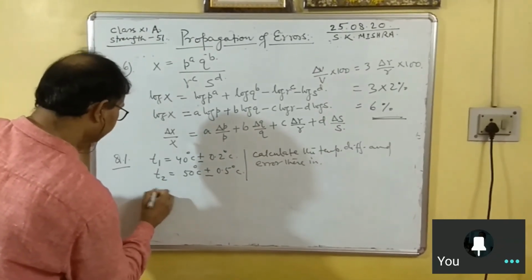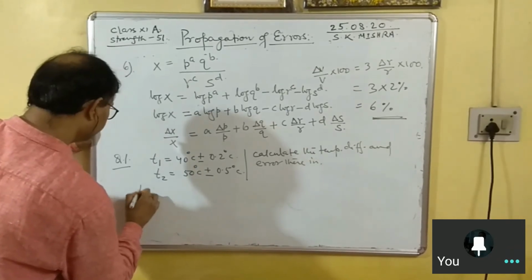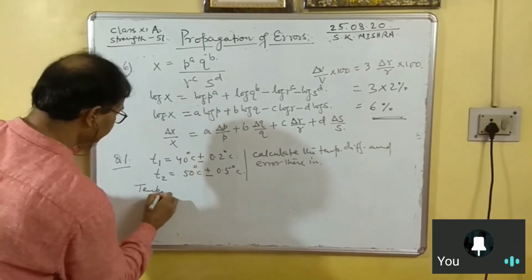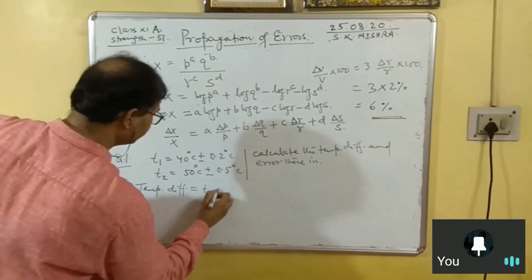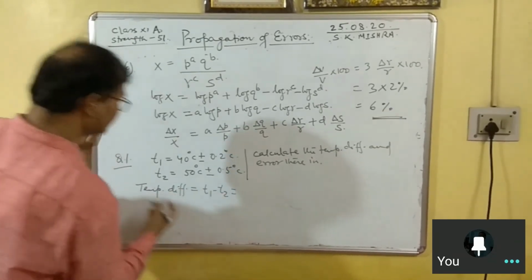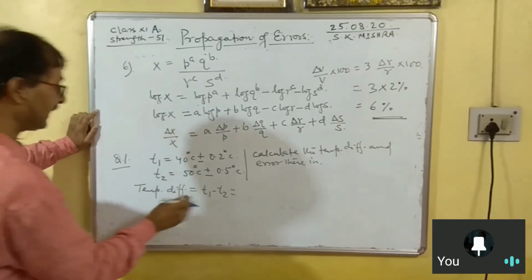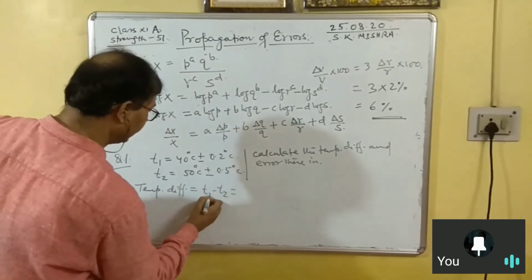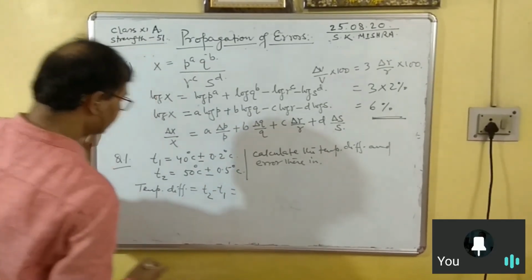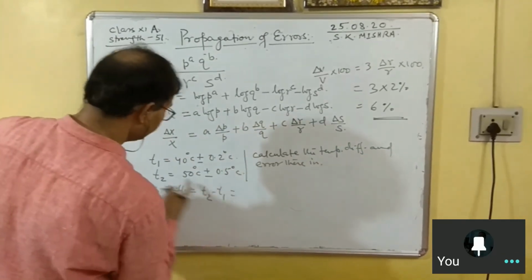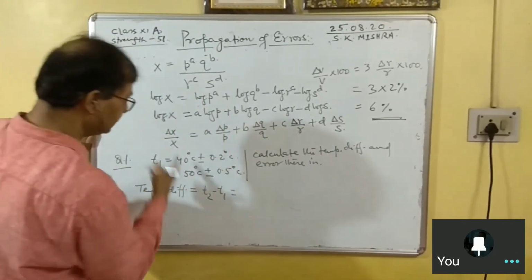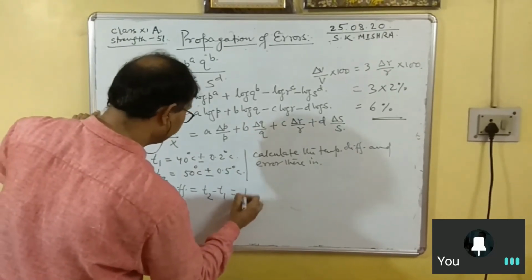So the temperature difference is nothing but T1 minus T2. So just subtract, T2 minus T1. T2 is greater, okay. So T2 minus T1. T2 is 50 minus 40. So just subtract this part. 50 minus 40. That is 10 degrees Celsius.